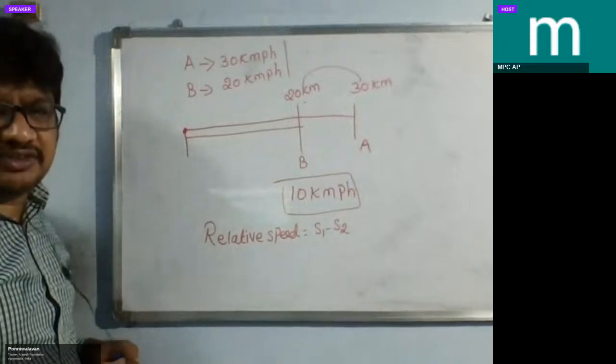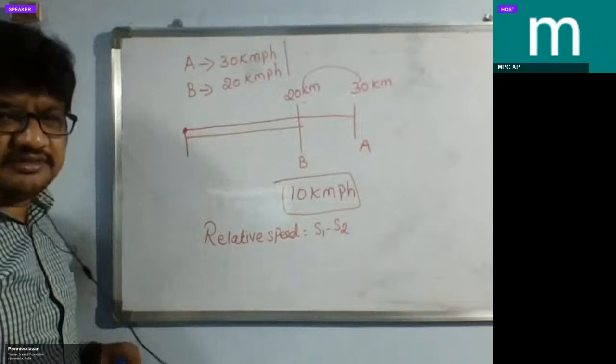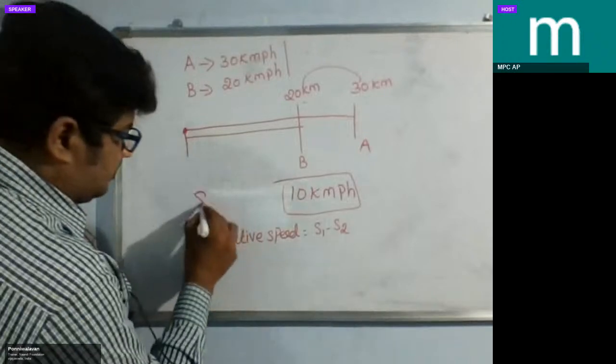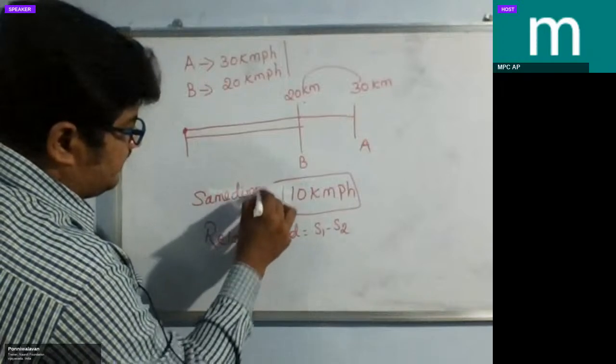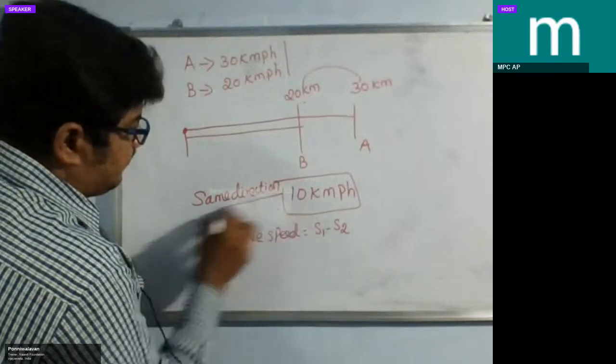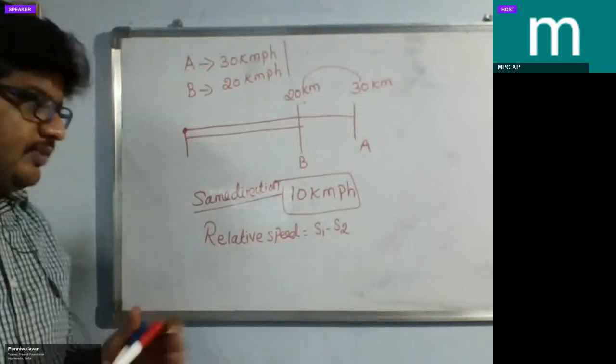Same direction or opposite direction? Same direction. So if they are traveling in the same direction, the relative speed is S1 minus S2.